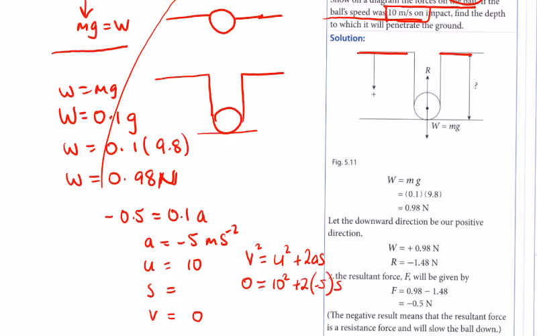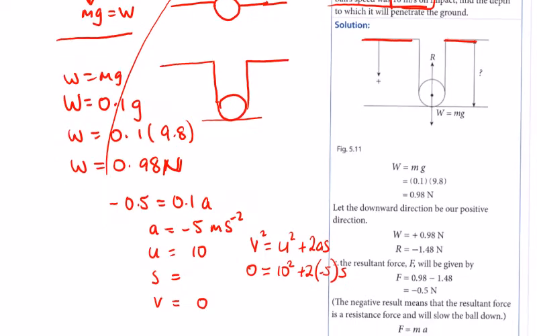You can see here, if it wasn't a minus in here, we would end up having a minus s if we brought it to the left. So we're going to have 10s is equal to 100. 10s equals 100. So s is equal to 10. And we're dealing in meters here. So it penetrates the ground 10 meters, which is probably a little bit unrealistic.